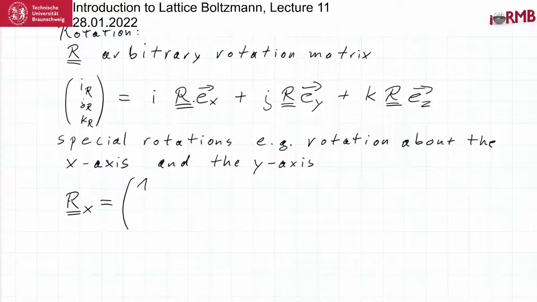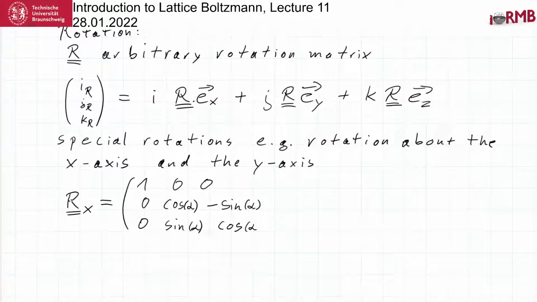So the rotation matrix around the x-axis by a given angle alpha would look like 1, 0, 0; 0, cosine of the angle alpha, minus sine alpha; 0, sine alpha and cosine alpha. So this is the rotation matrix about x, and I give you another one.